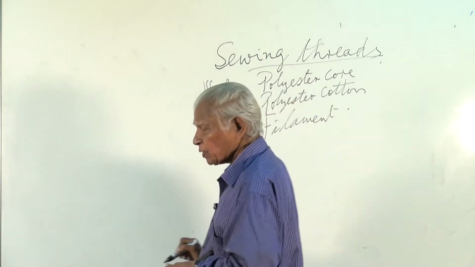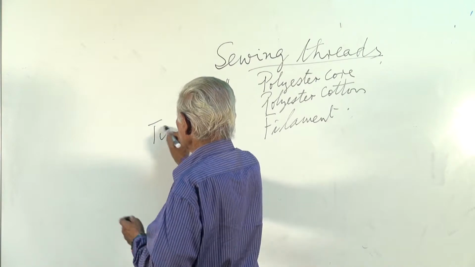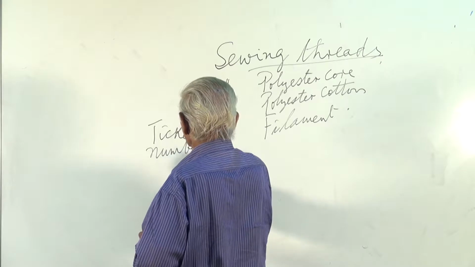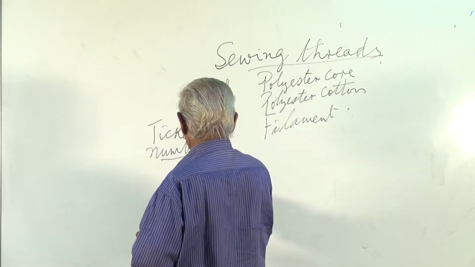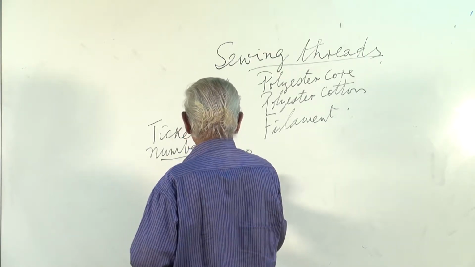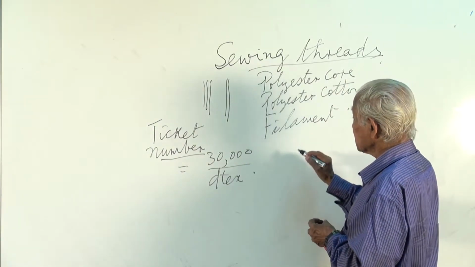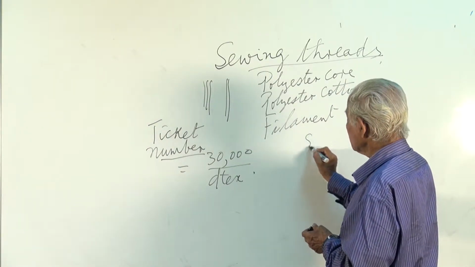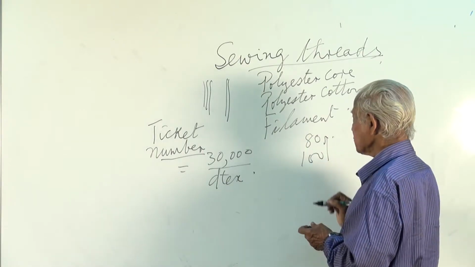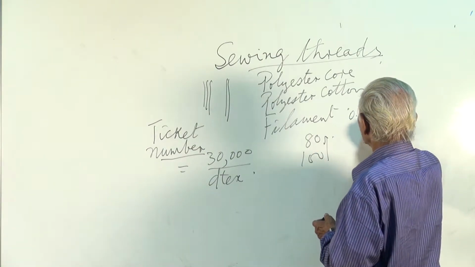And a sewing thread is characterized by what is called the ticket number. A ticket number is given by 30,000 divided by decitex. And the higher the value of the ticket number, the finer the material. For example, ticket number 100 is finer compared to 80, and it is expensive also. Incidentally, a sewing thread constitutes about 0.1% of the garment.